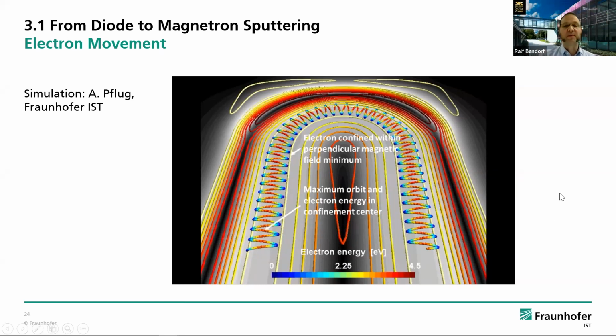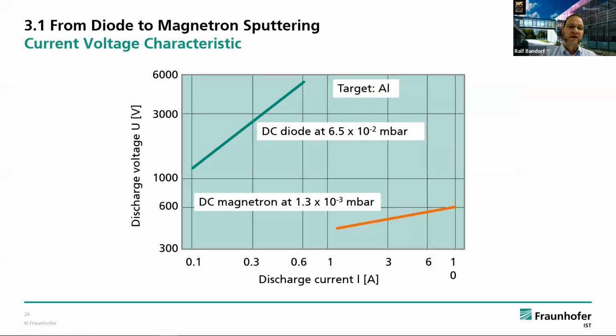And so what's the big difference? In the diode, that's an example I'm giving here for aluminum, you are working at least one order of magnitude higher working pressure, because you need the higher pressure, you need a higher particle density to ignite the plasma, to get your current to sustain your discharge. And what you see is you have quite a low discharge current and you're operating at a high discharge voltage.